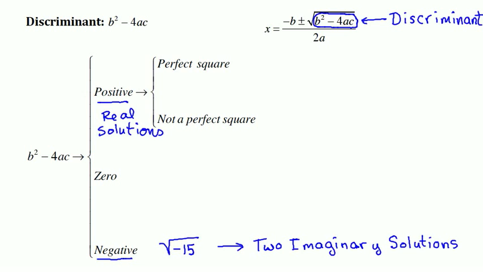If it's a perfect square, for example, the square root of 64, then we see that the number comes completely out of the square root, and our solution will not have any square roots left inside it. In this case, we would get rational solutions, and in one case we would be adding this number, in the other case we would be subtracting this number, so we would end up with two rational solutions.